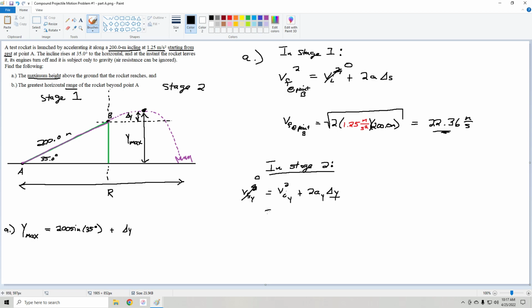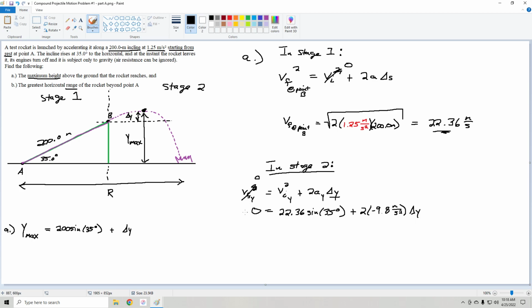And the y component of our initial velocity is equal to what? 22.36 meters per second, but the y component, so sine 35 degrees, plus 2 times negative 9.8 meters per second squared, delta y.